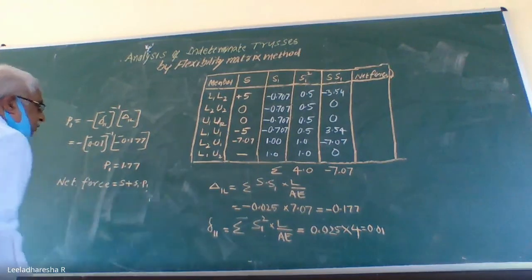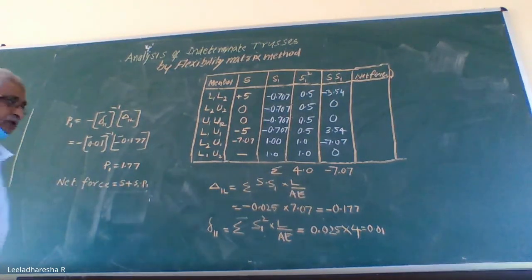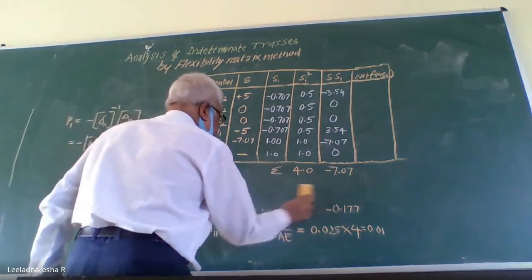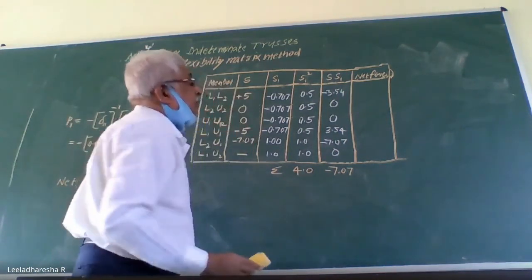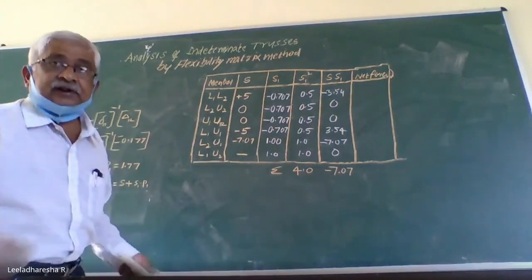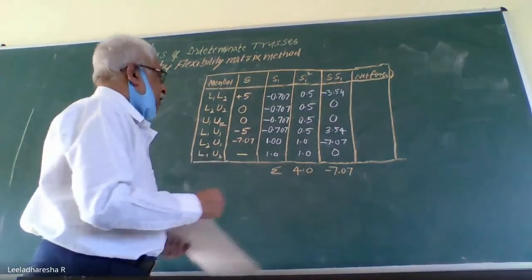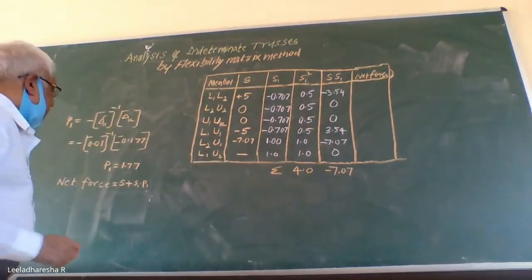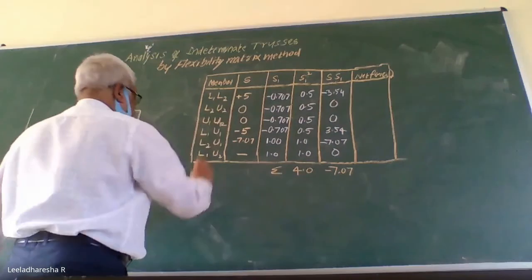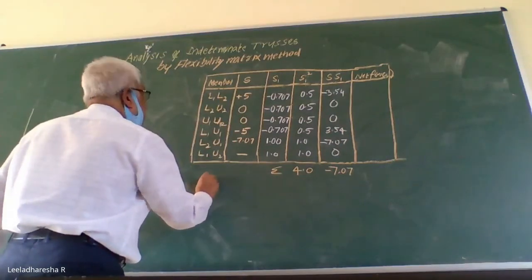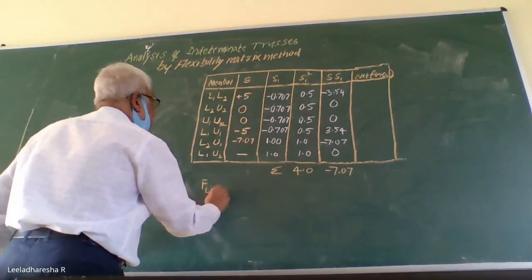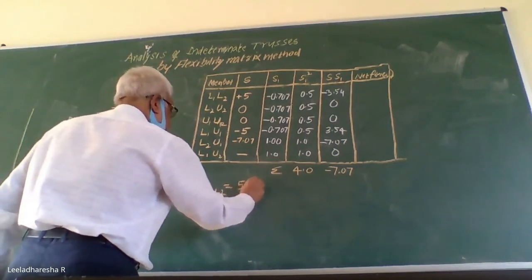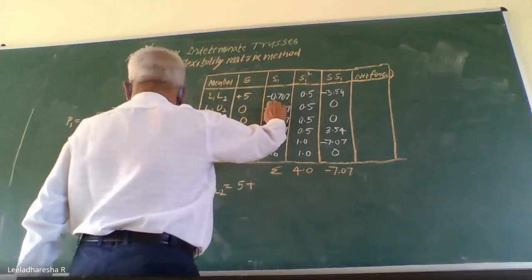Now I will take each of the members separately and let us find the net force acting in each of the members. Using that P1 we got as 1.77, for the first member, force in the first member F1 L2 is equal to 5 plus S1.